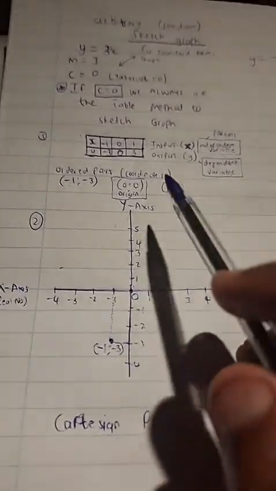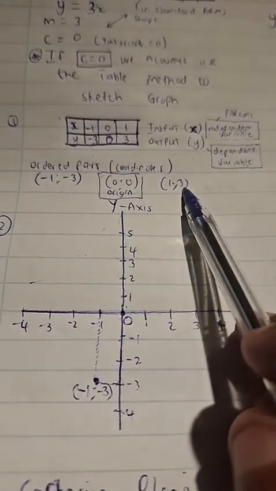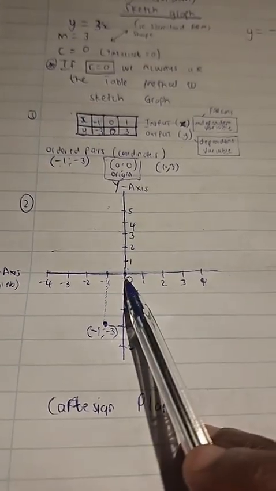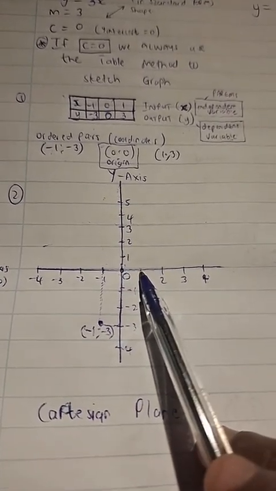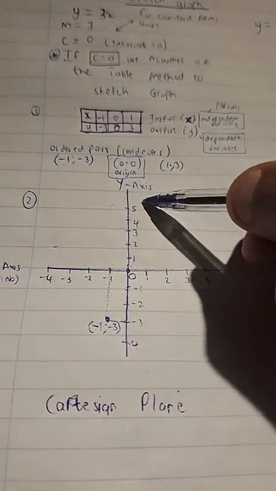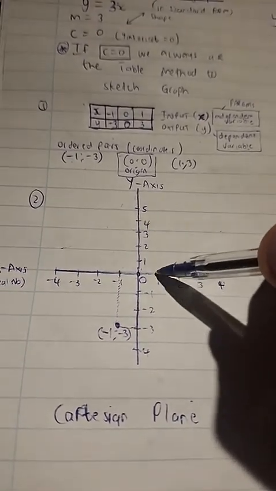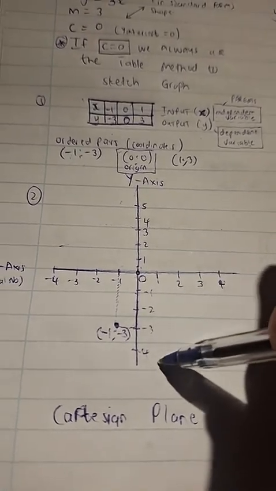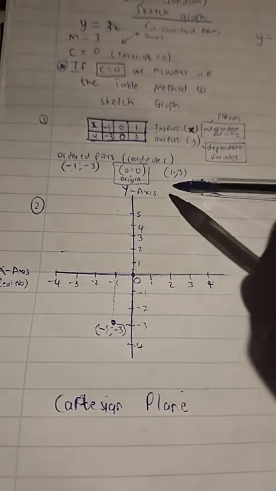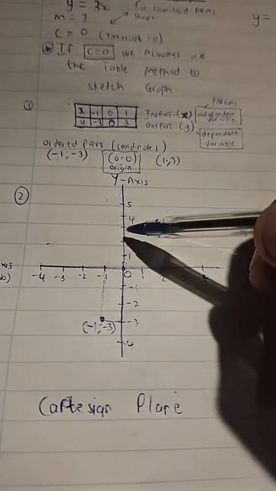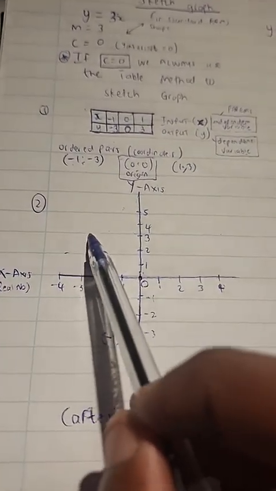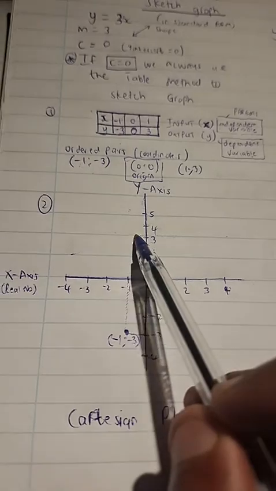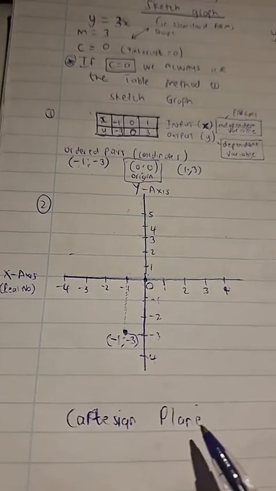Okay? Then let's go to 1 and 3. Where is 1? X is equal to 1 is there. But remember, x is equal to 1 is everywhere on this vertical line. Where is y is equal to 3? Y is equal to 3 is there. But remember, the line y is equal to 3 is everywhere on this horizontal line passing through 3.